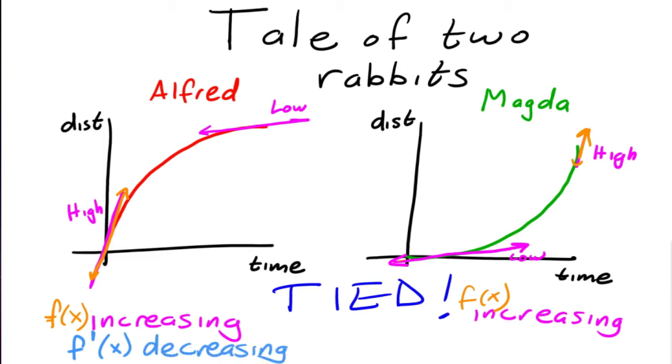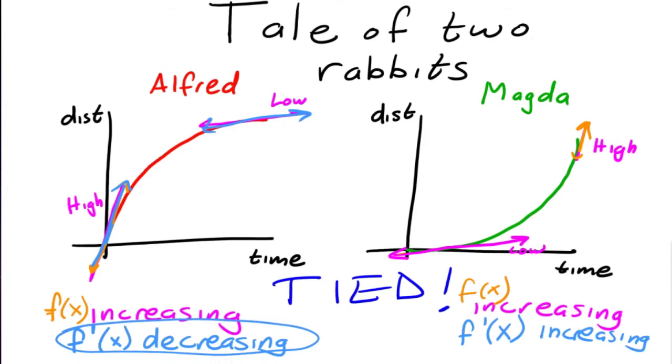The derivative, or the slope of the tangent line for Alfred, is decreasing. Even though the distance itself is increasing, the slope of the line is decreasing. And then here for Magda, the slope of the tangent line or the derivative is increasing.